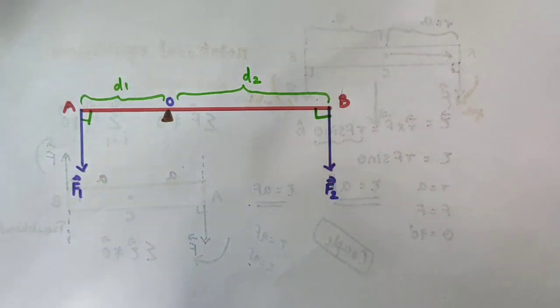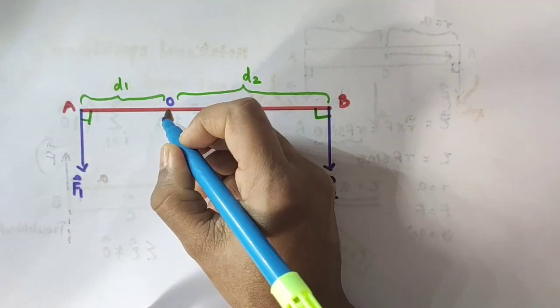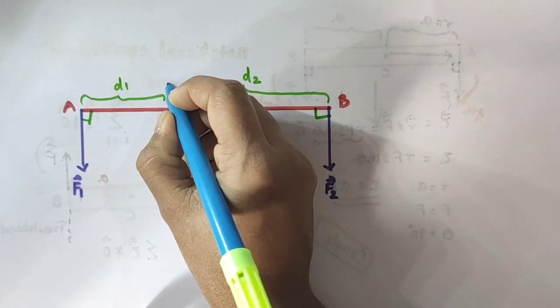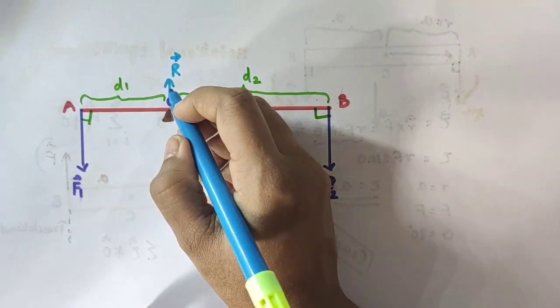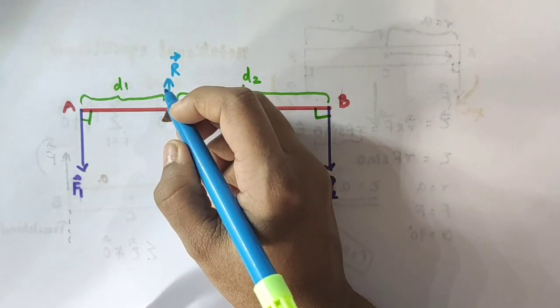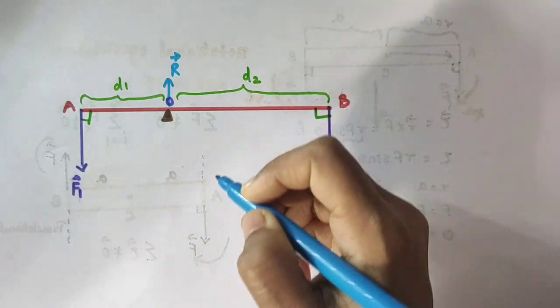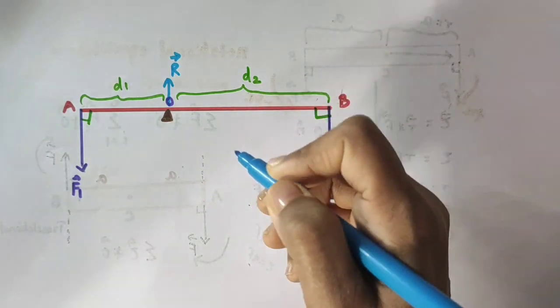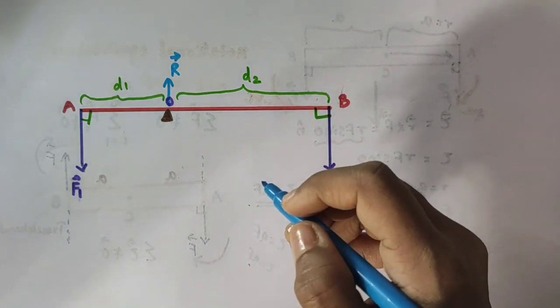We know that there will be a reaction force of the support at the fulcrum, directed in the upward direction. The lever is a system in mechanical equilibrium. For mechanical equilibrium, it should be in both translational and rotational equilibrium.